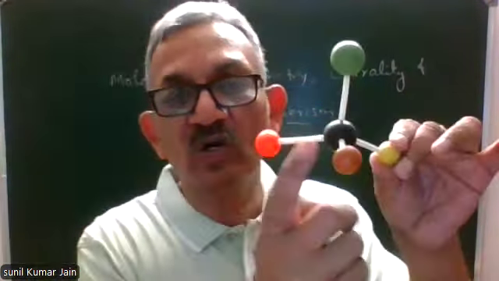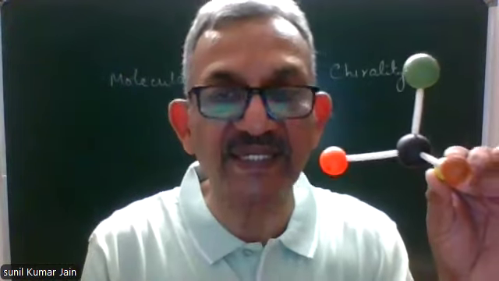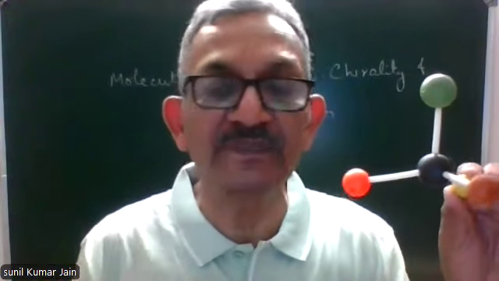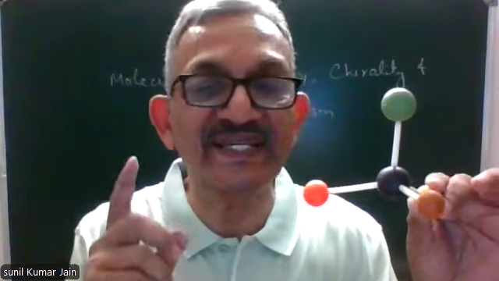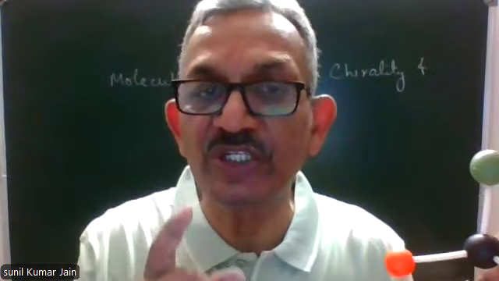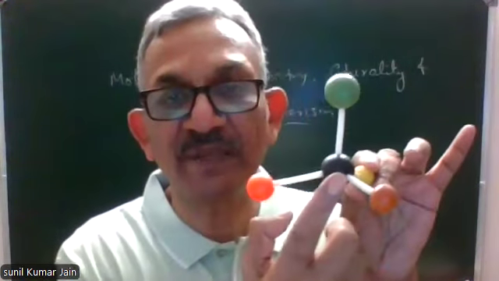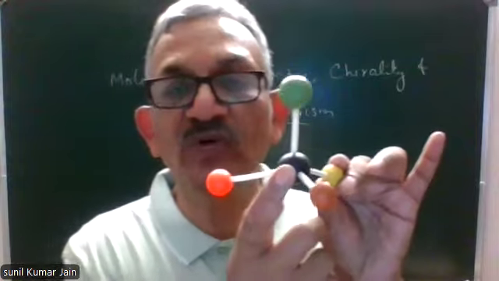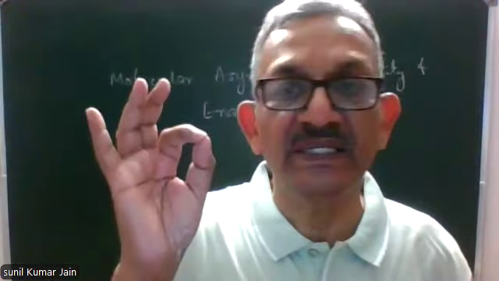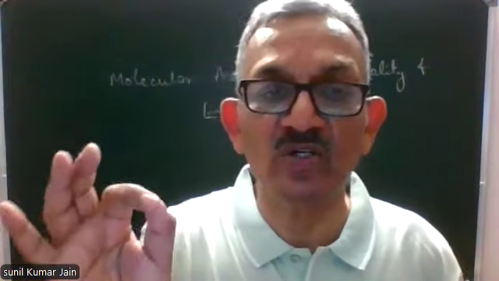This is called chiral carbon, also called chiral center, asymmetric carbon, asymmetric center, and also stereo center. So these are 5 terms used for this type of carbon, which is attached to 4 different atoms or groups of atoms. I'll repeat: chiral carbon, chiral center, asymmetric carbon, asymmetric center, or stereo center.